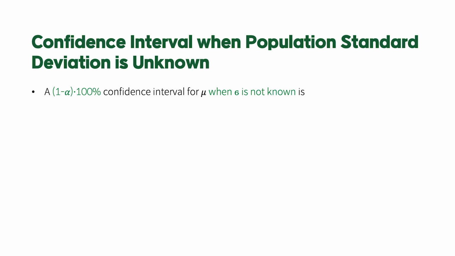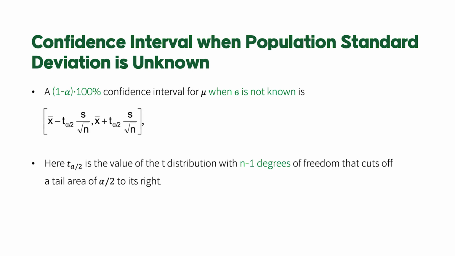So when we are not given the population standard deviation, we can still use a formula for the confidence interval that looks pretty similar to our previous formula. Everything stays very similar, except instead of looking at the z-score, you have to look at the t-score.